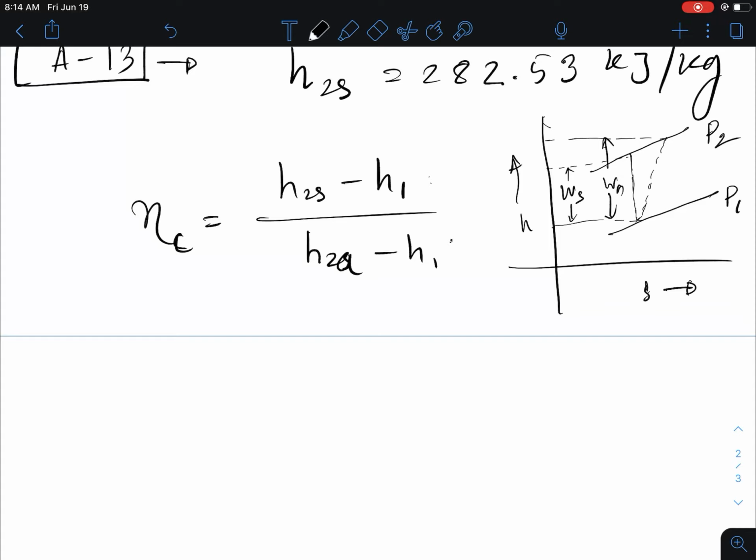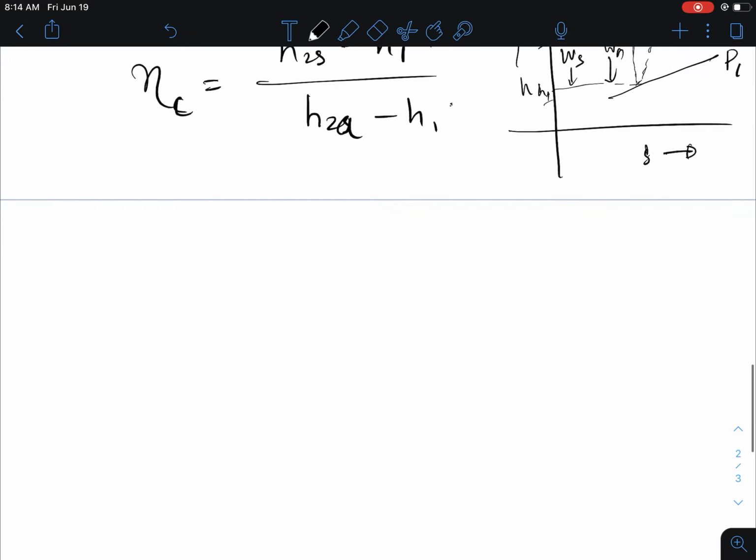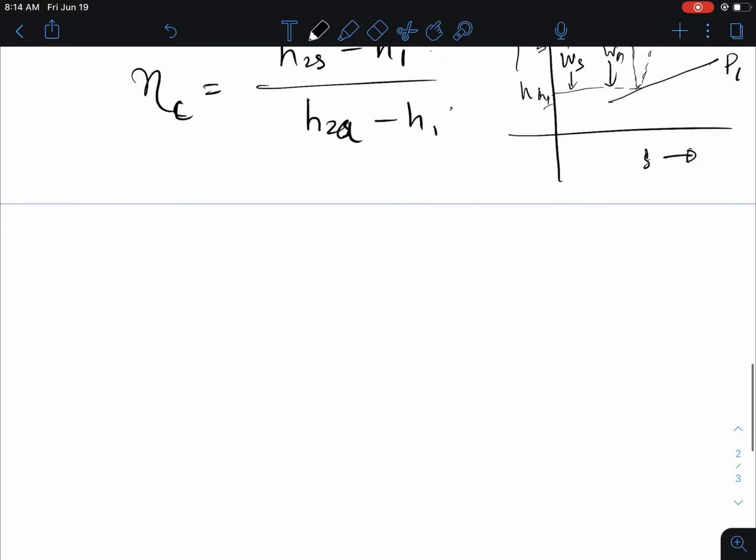So Ws equals, we can clearly see that this is H2S, this is H1, and this is H2A, right? So isentropic work divided by actual work.